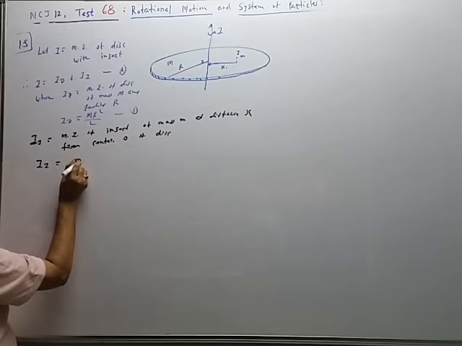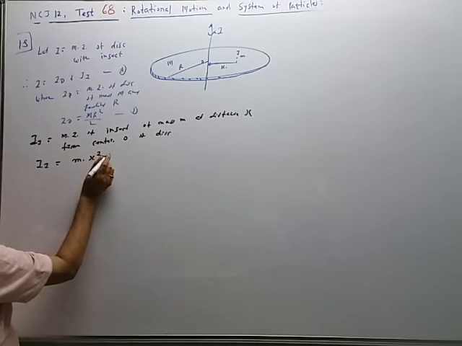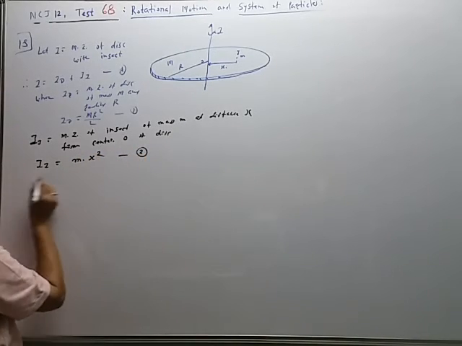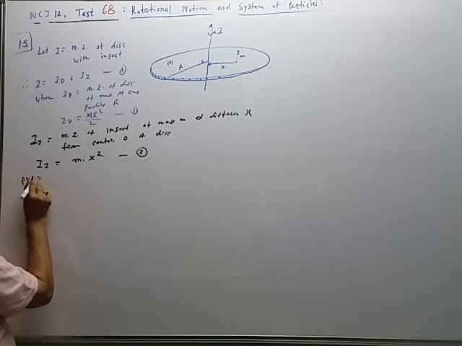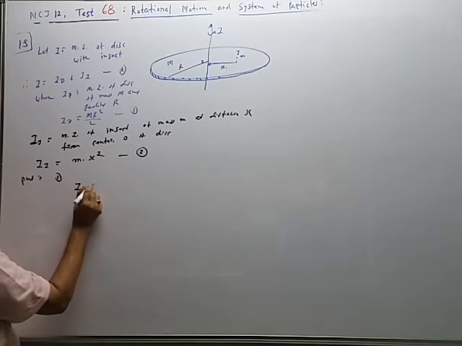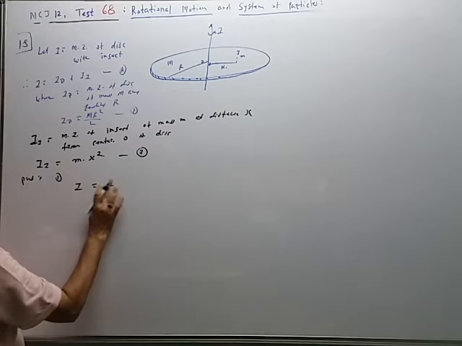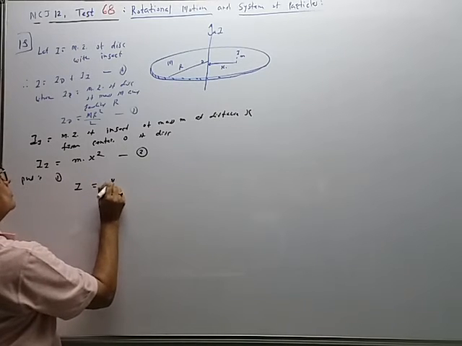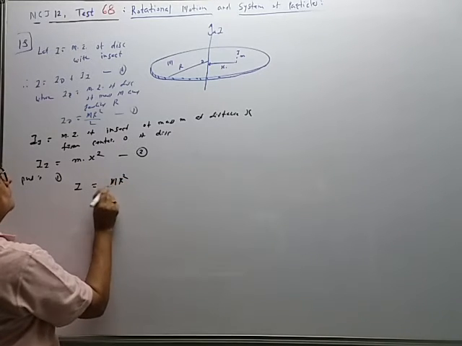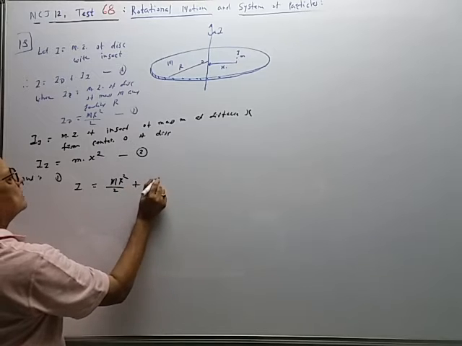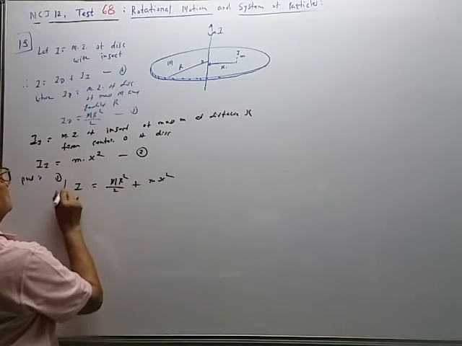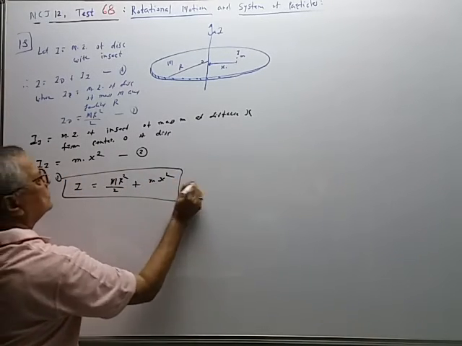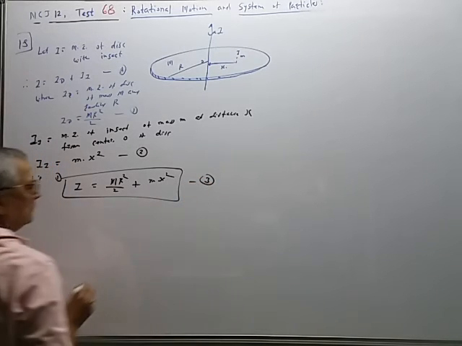Therefore, I_i is equal to mx square. Therefore, I is equal to MR square by 2 plus mx square. This is equation 3.